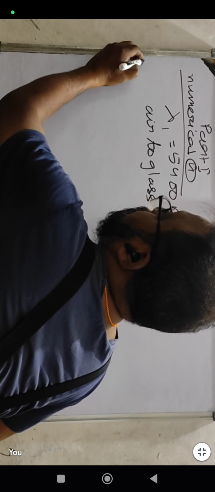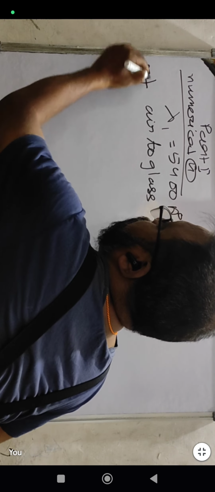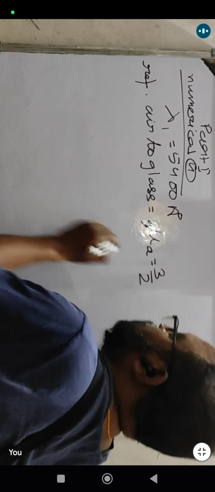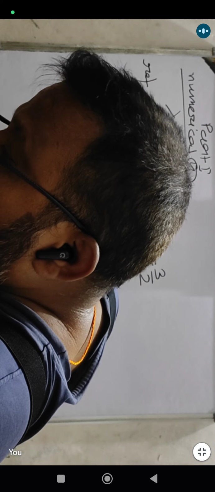So it means refractive index of air to glass is equal to 3 by 2. Find the wavelength of the light in glass.